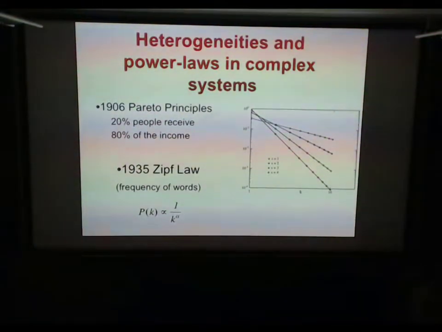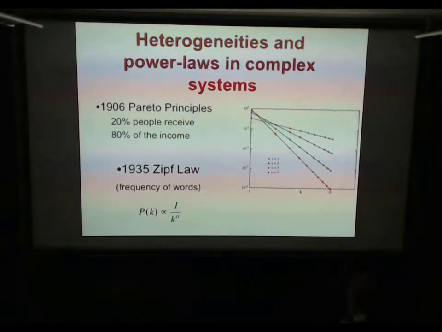So this brings us to the story of heterogeneity in nature and in society, and this story is a bit dramatic because it is a story of disparity.